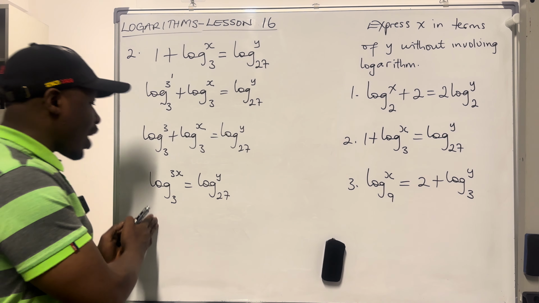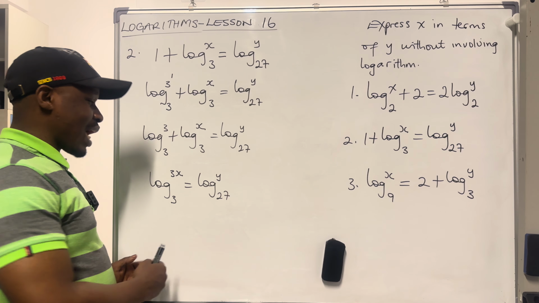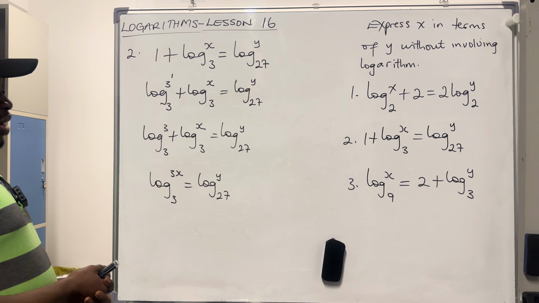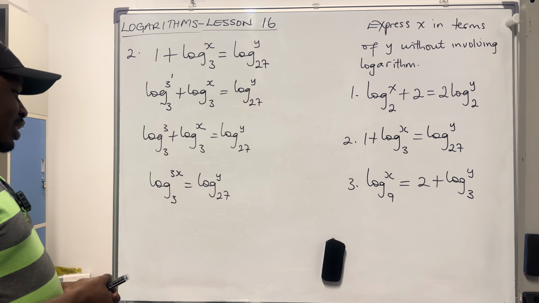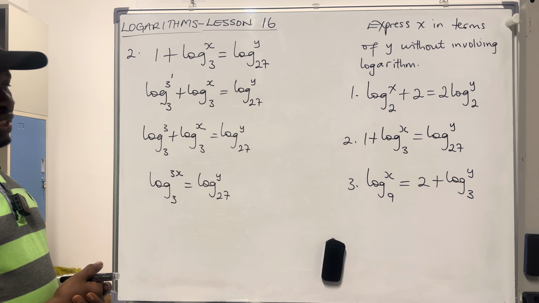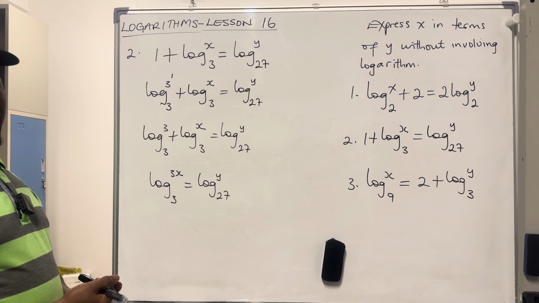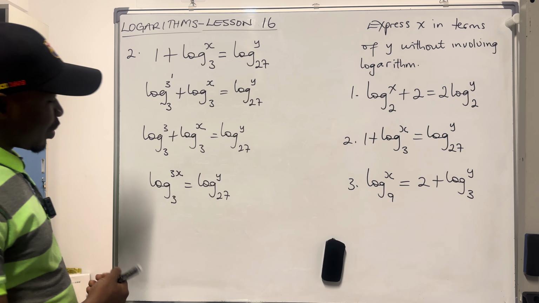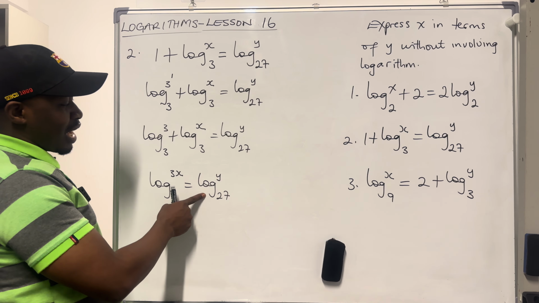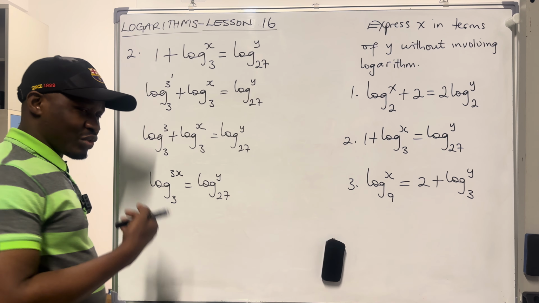Yes, it is 1 log, but the bases are not the same. So we cannot simply ignore the log, because they are not of the same base. So we need to do something here. Here is log 3x base 3, here is log y base 27.